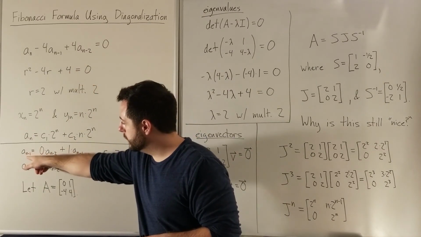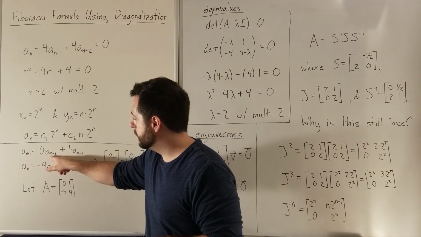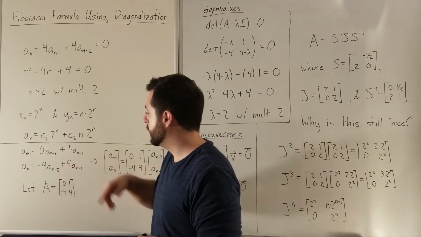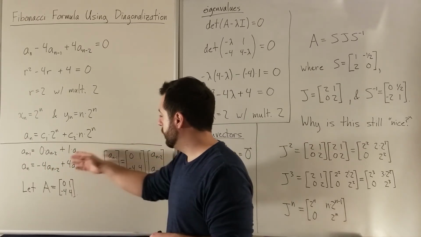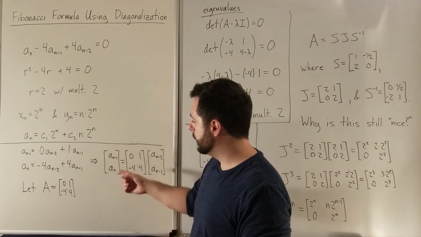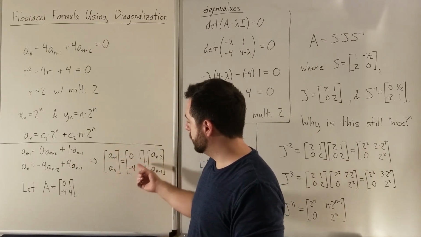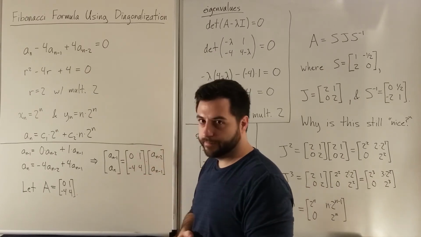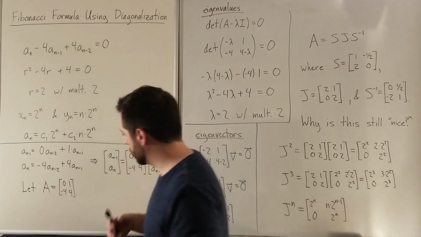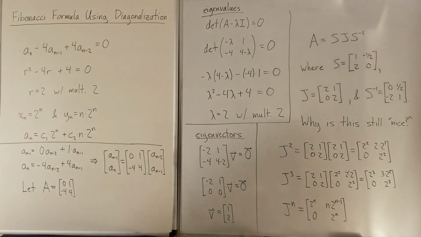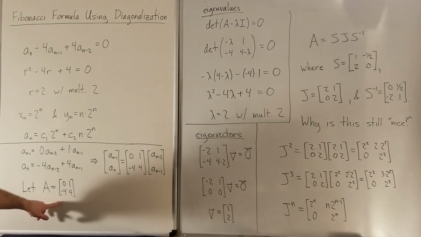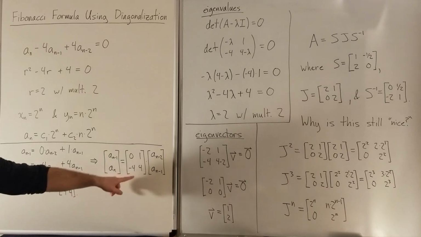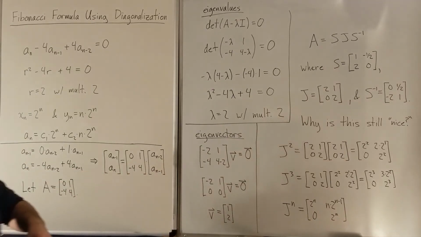And we want to say that a sub n minus 1 is 0 times a sub n minus 2 plus 1 times a sub n minus 1. We can then turn this into this matrix equation. So this column vector is this matrix of coefficients times this column vector. This works for any n greater than or equal to 2. So we're going to have this matrix A, which is just this matrix of coefficients, just like before.